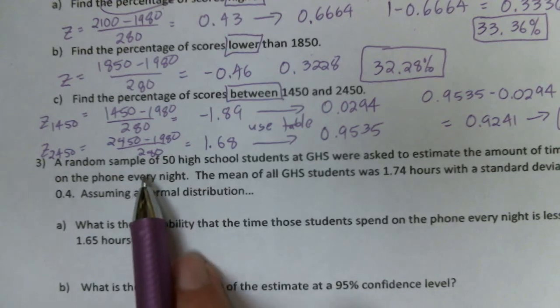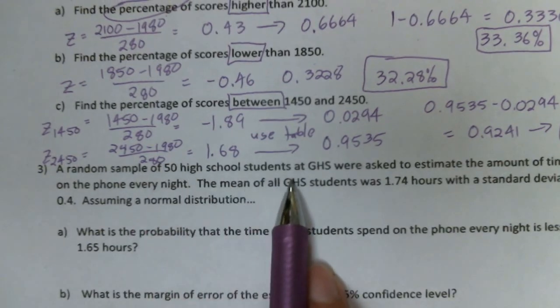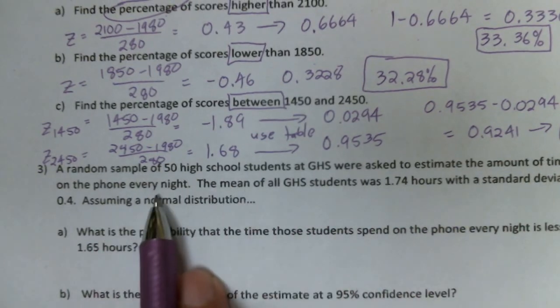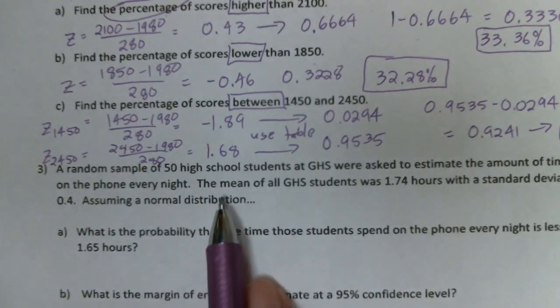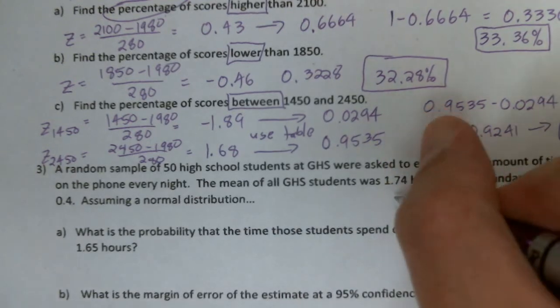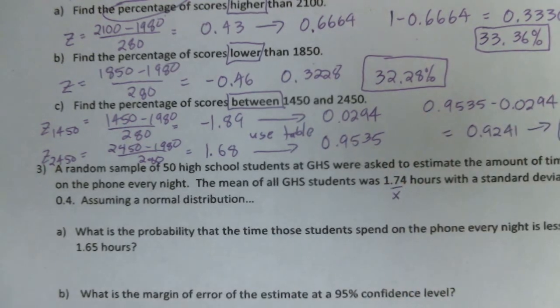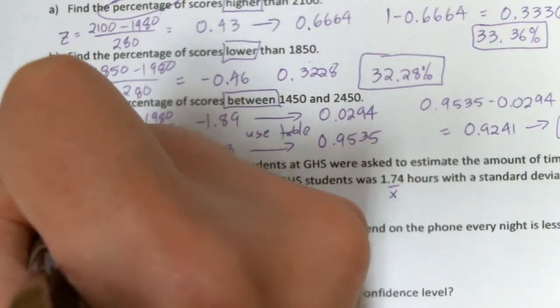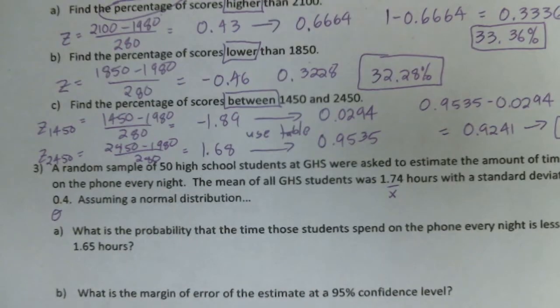Okay, number 3. I ran a sample of 50 high school students. We're asked to estimate the amount of time spent on the phone every night, which is probably about 12 hours for a lot of you guys. So the mean of all GHS students was 1.74. There's the average, x bar, with a standard deviation of 0.4. So there's my sigma.